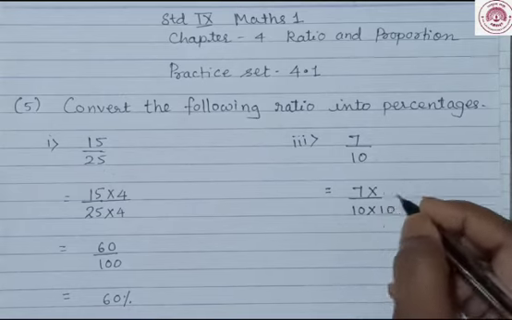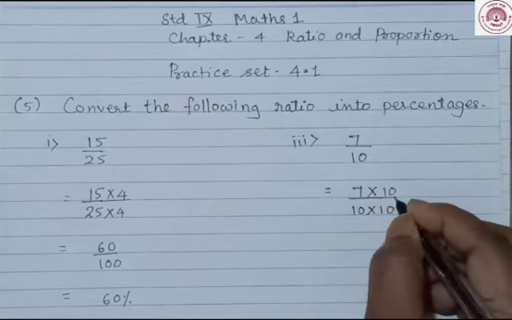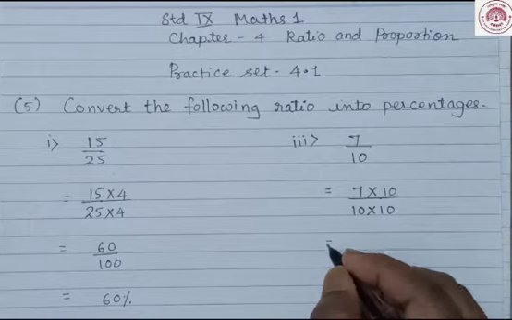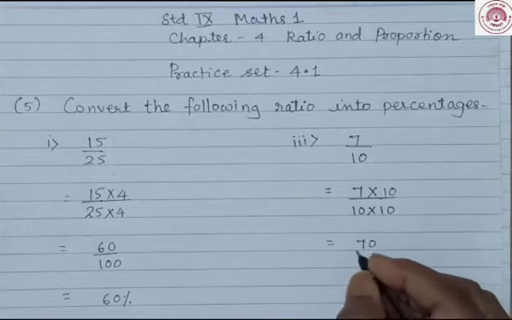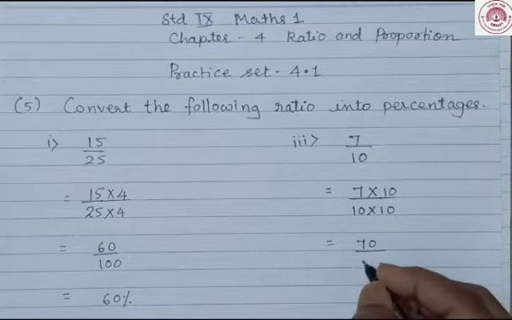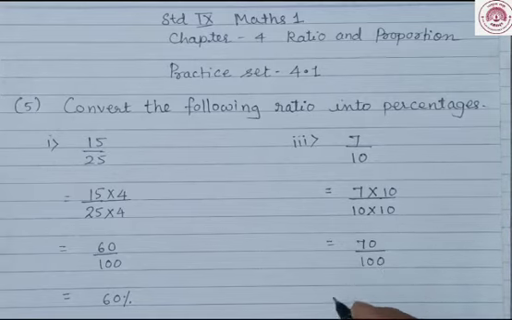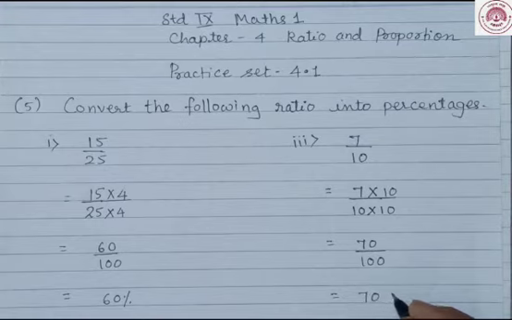So here numerator will also be multiplied by 10. So this is equal to 7 multiplied by 10 is 70. 10 multiplied by 10 is 100. So this is equal to 70%. So 7 upon 10 is equal to 70%.